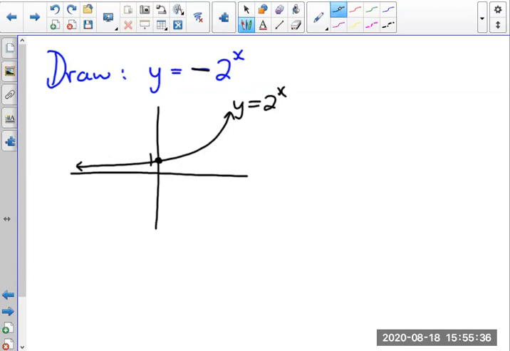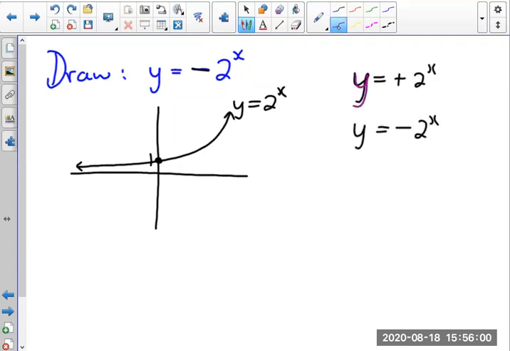So if you have your thumb at the top and you reflect your hand in the x-axis, your thumb goes to the negative side. So if you see y equals plus 2 to the x and you see y equals minus 2 to the x, what happens?